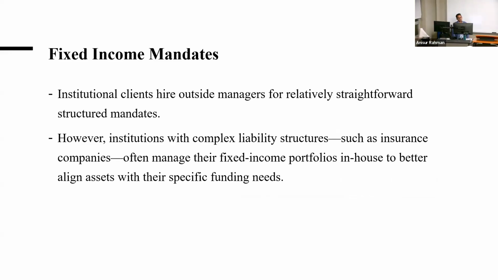Institutional clients hire outside managers for this purpose, structured mandates. However, institutions with complex liability structures, such as insurance companies, often manage their fixed income portfolios in-house to better align assets with their specific funding needs. What is the business of an insurance company? They collect premiums, right?